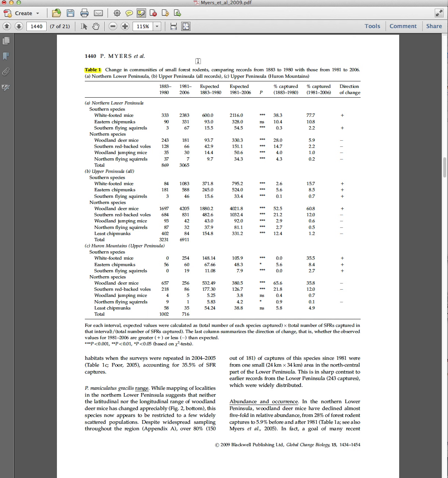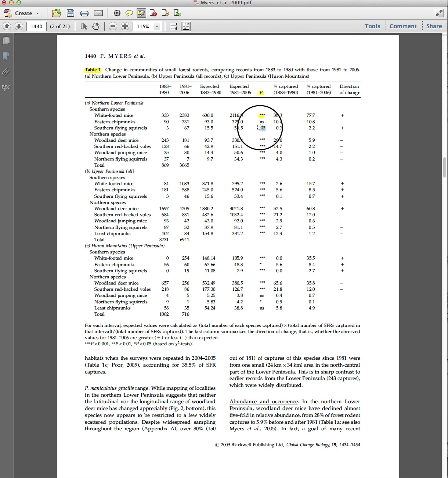Okay, they're telling you here, this keeps moving, they're telling you here the P level, the probability, right? So this is telling you if it's significant or not. Anything that says NS is not significant. Everything else in this table basically is significant. And then they divide it out by southern species here, northern species here, and they do that for each of their 3 sampling areas.